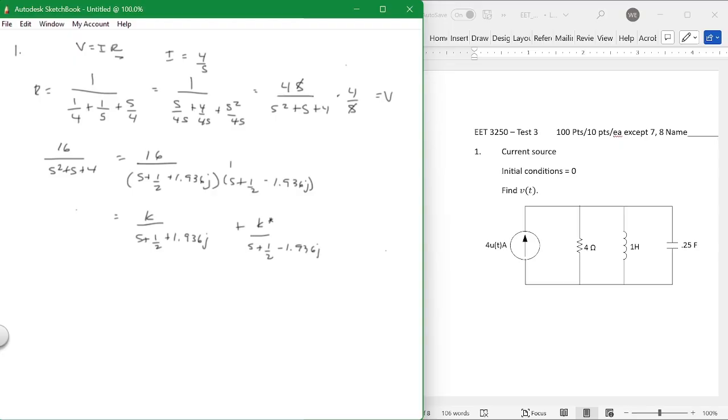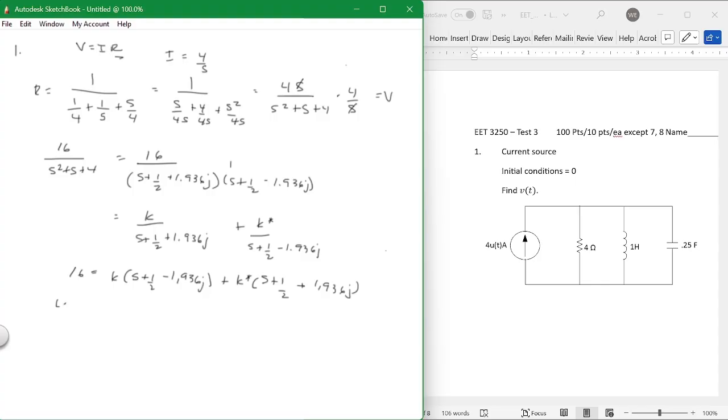All right, so now you say 16 is equal to K times S plus a half minus 1.936j plus K star times S plus a half plus 1.936j.